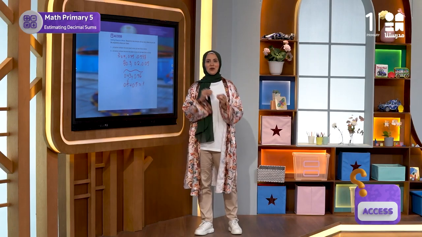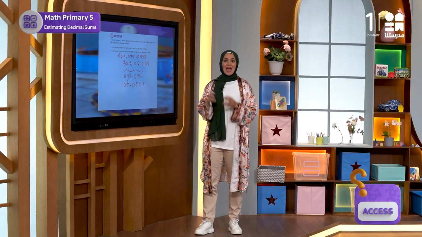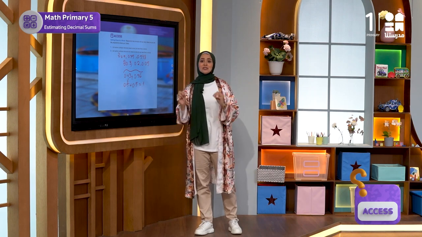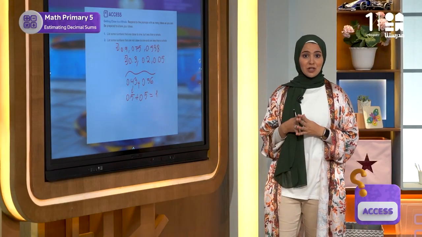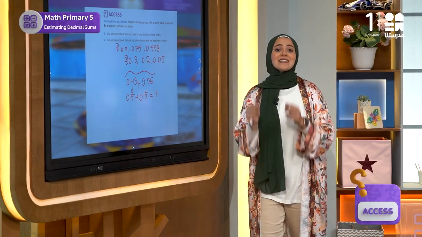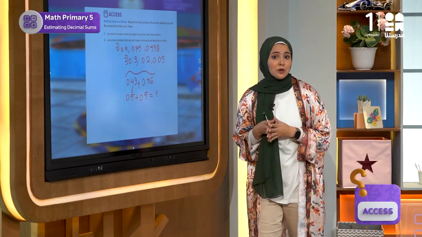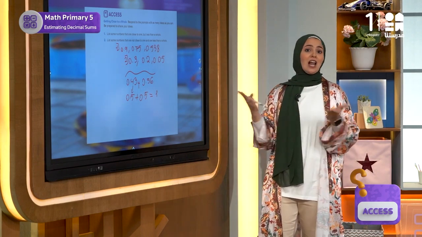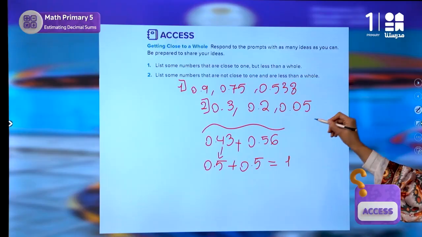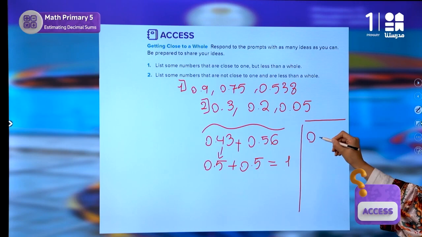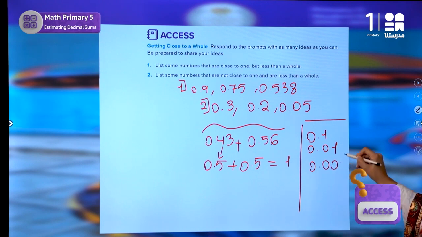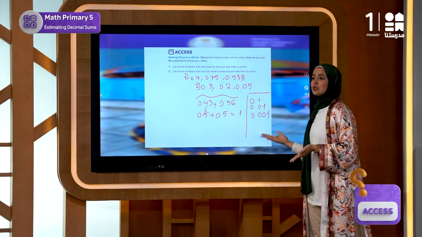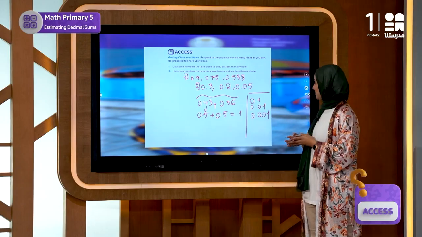We all know that 0 and 1 are benchmark numbers, and we were using them last year to compare 2 numbers. From our knowledge of decimal numbers, we can say that the numbers that have more zeros in the decimal number part are closer to 0. Like 1/10, let's write. What else? 100, 1,000, and so on. They are closer to 0, okay?